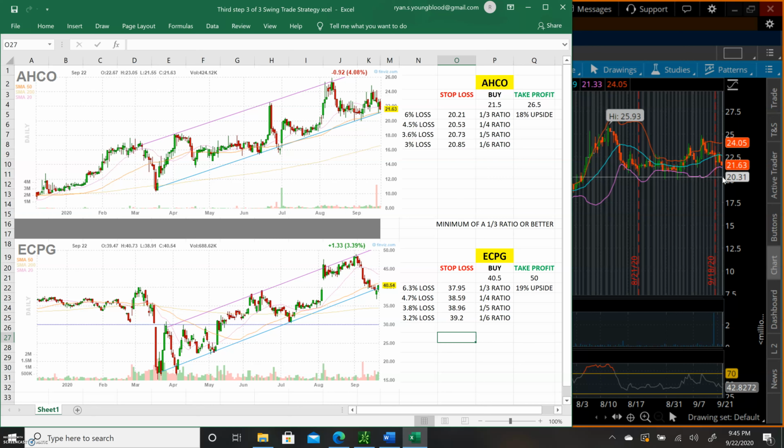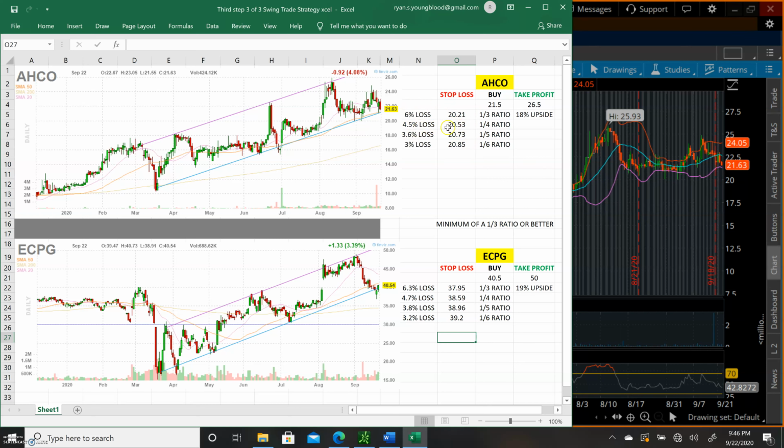It's not going to just turn on a dime and start heading up. You want to be able to give that little bit of buffer and some space for it to move. Good indicator is this bottom Bollinger Band. You don't ever want to be within the Bollinger Bands when you're setting a stop loss. So at 6%, you're well outside the Bollinger Band.